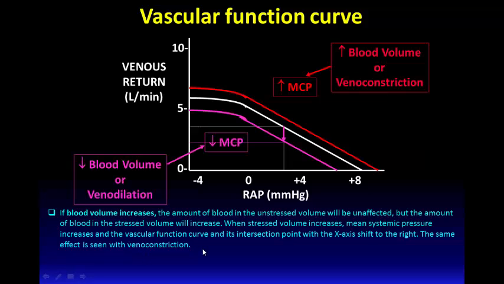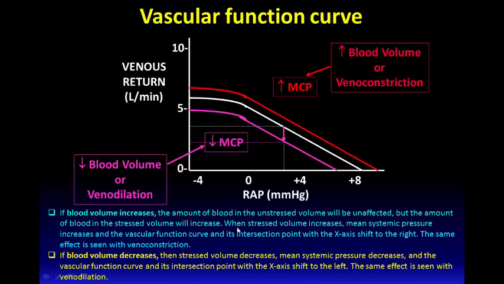On the other hand, when the blood volume decreases or when the veins undergo venodilatation and the venous capacity increases, these effects would lower the mean circulatory pressure, and the venous return function curve is shifted down along with its intersection point with the x-axis.